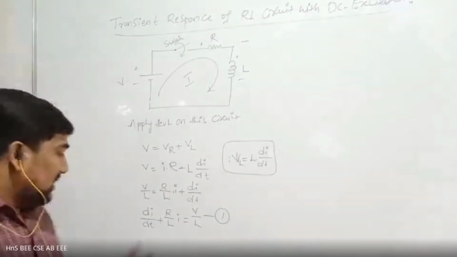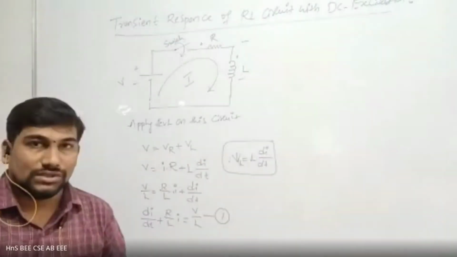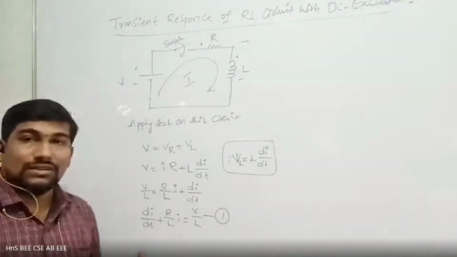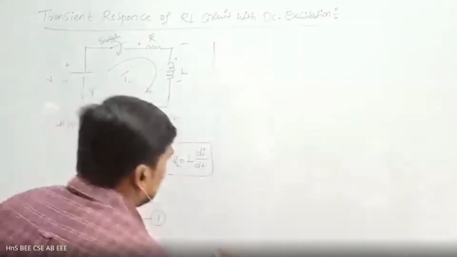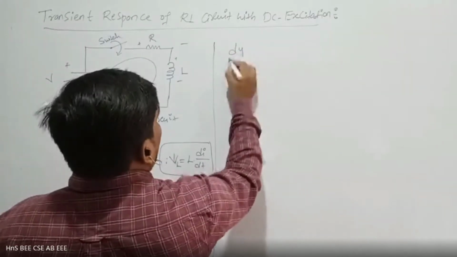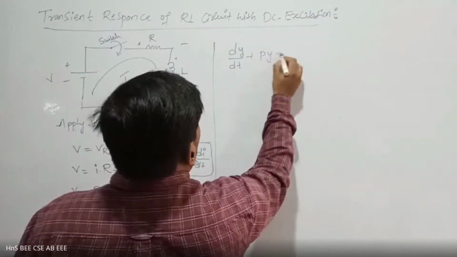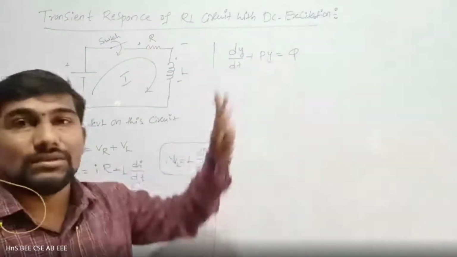This equation is called a non-homogeneous equation, which is a linear equation. A linear equation is dy by dt plus p into y equals q. This is the general form of a linear equation.